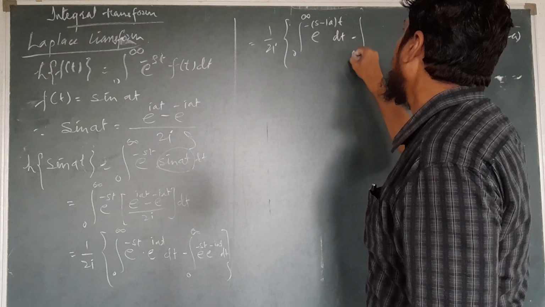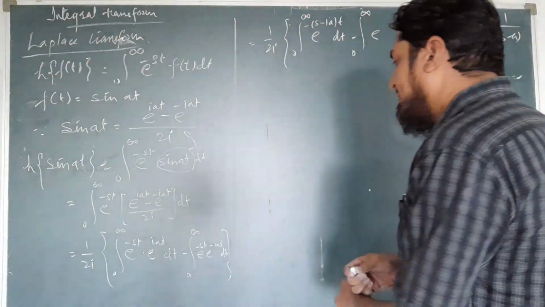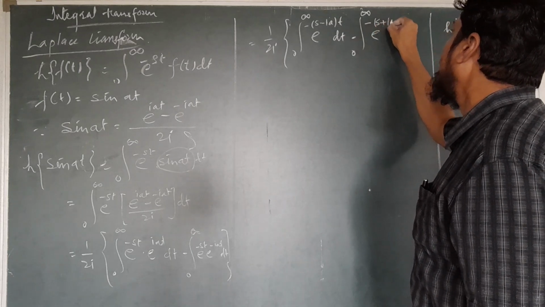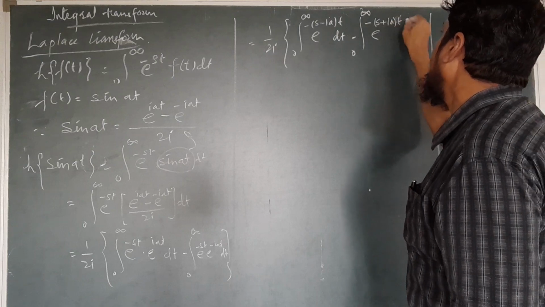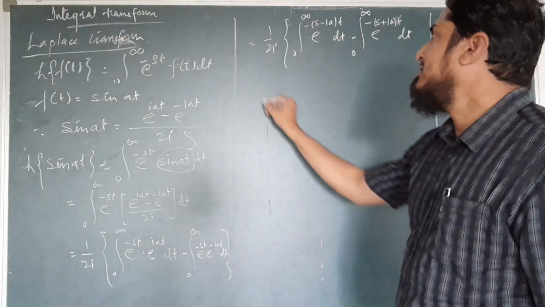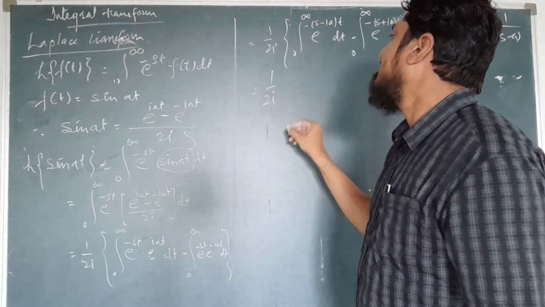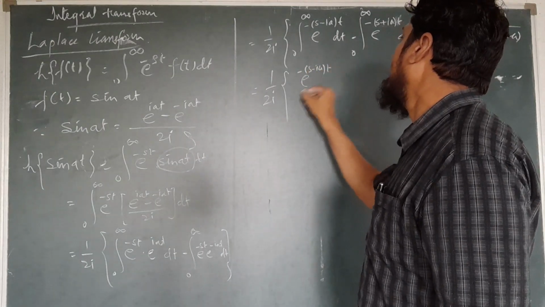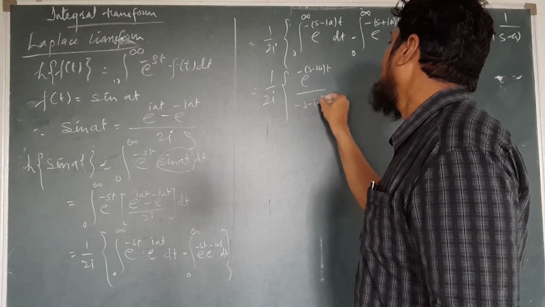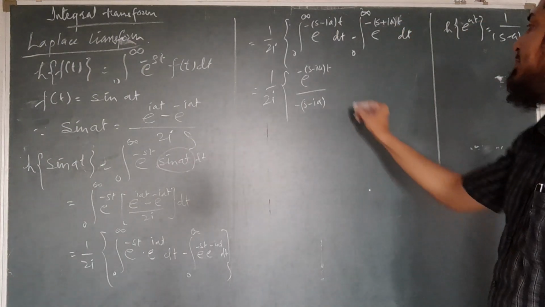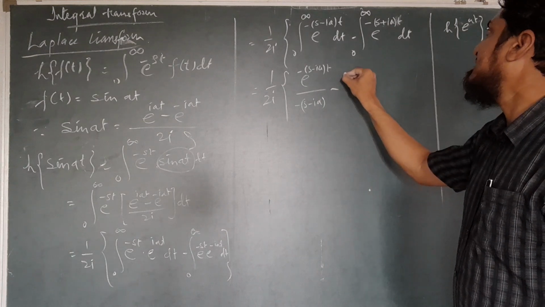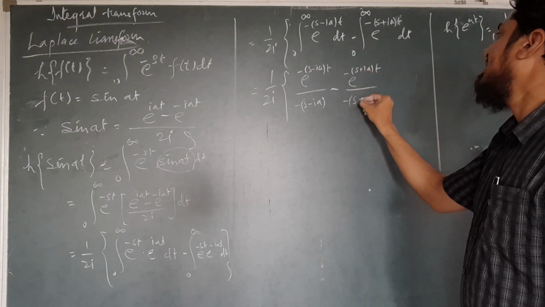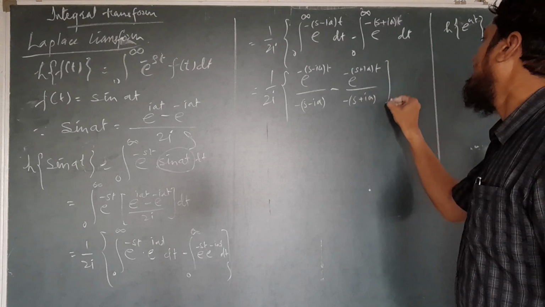And we can solve this by a very easy method, taking e raised to minus (s minus ia)t dt minus the integration from 0 to infinity, again taking the minus sign outside, of e raised to minus (s plus ia)t dt. Correct? After taking the integration, we will get e raised to minus (s minus ia)t upon minus (s minus ia), minus e raised to minus (s plus ia)t upon minus (s plus ia), from 0 to infinity.